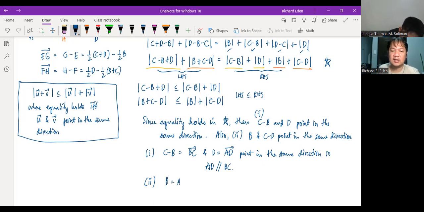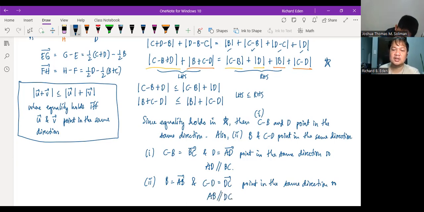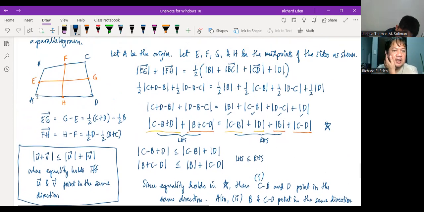B is AB and C minus D is the vector DC. These point in the same direction, so AB is parallel to DC. So now we have concluded AD is parallel to BC, opposite sides.